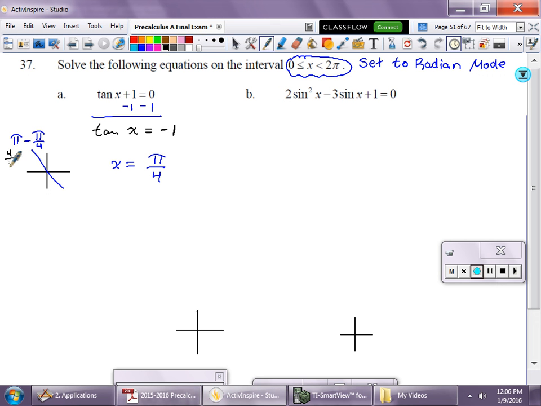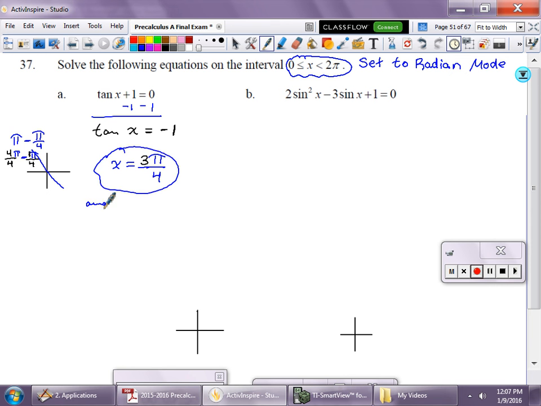We talked about it, the denominators have to be the same. So it's 4 pi minus 1 pi over 4. And 4 minus 1 is 3. Very easy. That's your first theta value or x value.